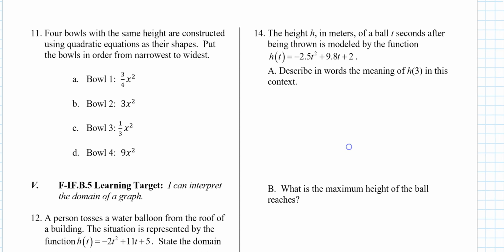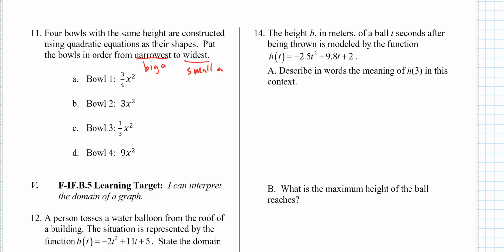All right. 11. 4 bowls with the same height are constructed using quadratic equations as their shapes. Put the bowls in order from narrowest to widest. Well, narrowest means the largest A value, so big A, and widest, small a.